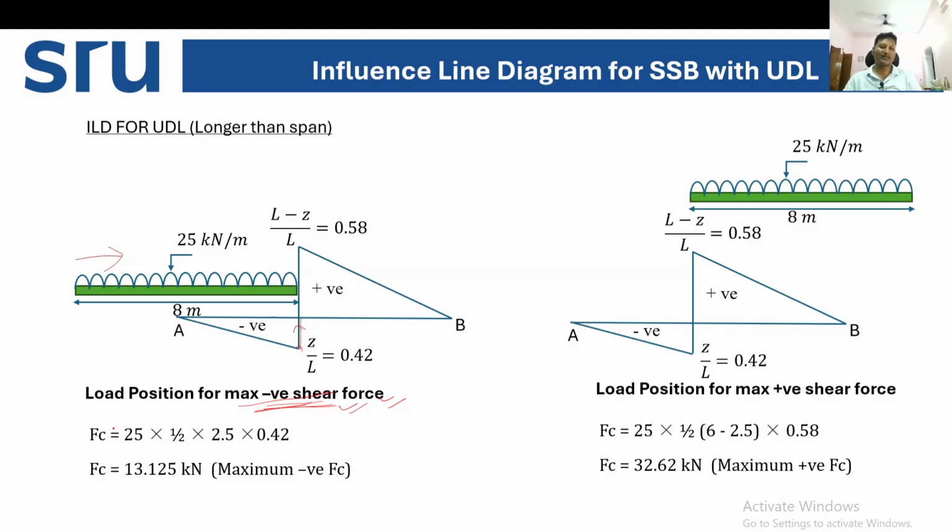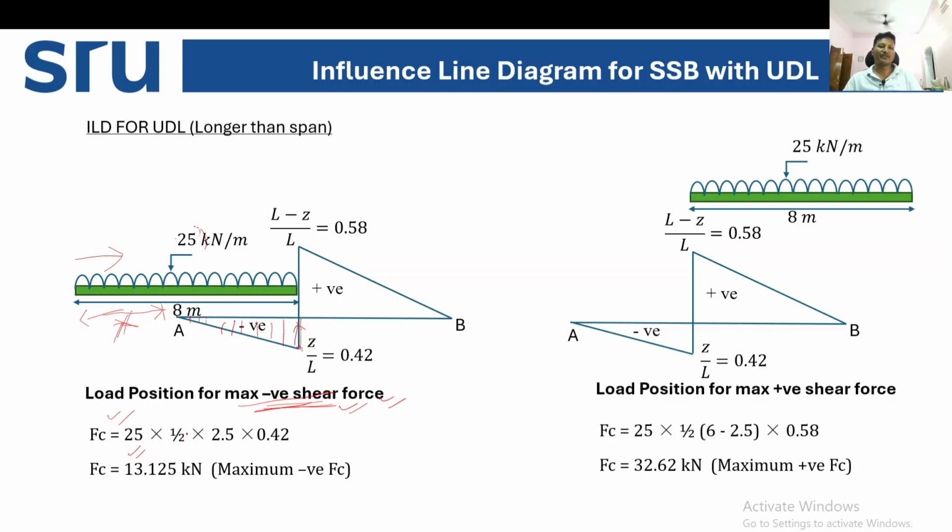By keeping that, the shear force at C, that is 25, is nothing but the magnitude of the load into the area under the load. What is the area here? The whole negative triangle is the total area we have to find, and the part beyond it, we need not consider.